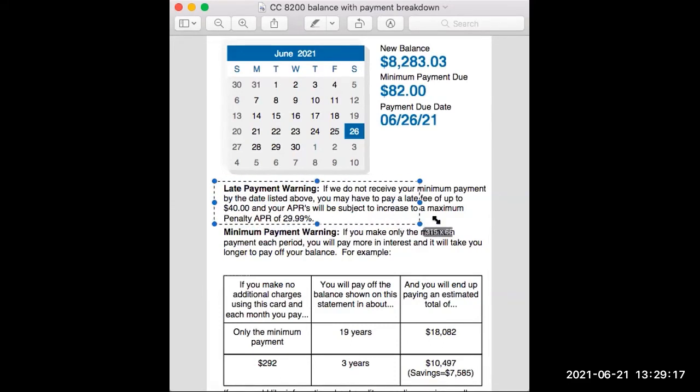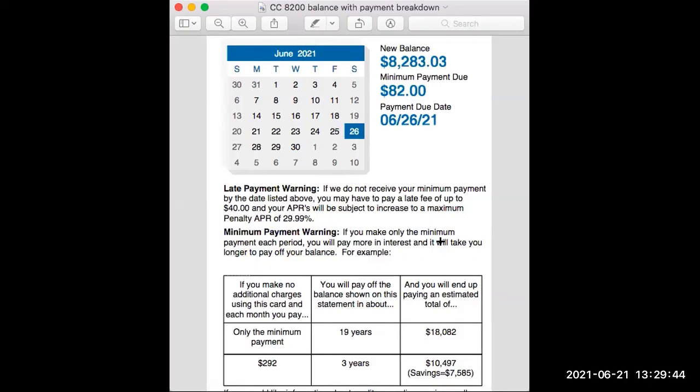Late payment warning. If you miss your payment, you have to pay a $40 late fee and your APR jumps to 30%. So right now, if you remember, you're paying 16%. If you miss one payment, you pay $40 and your APR almost doubles, right? And if you were to look at the math on that, we can do that some other time. I want to keep this video short and we'll do some more in the next video.